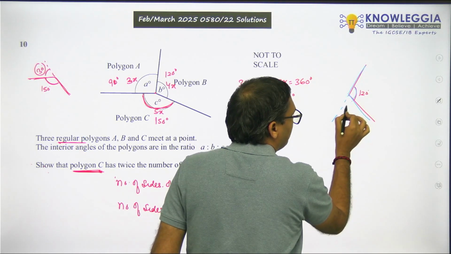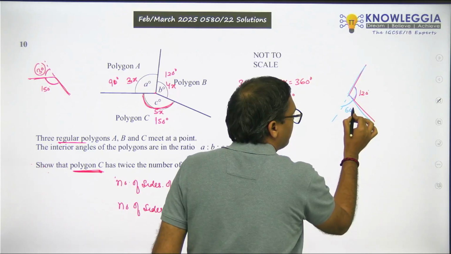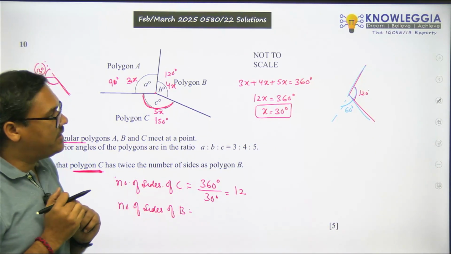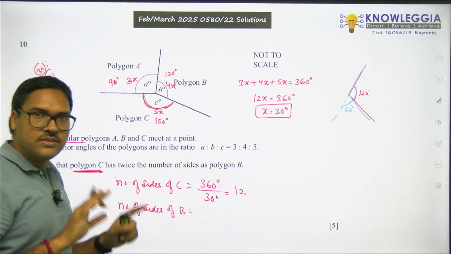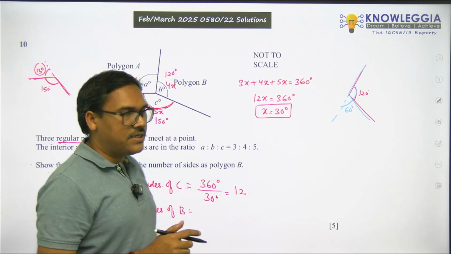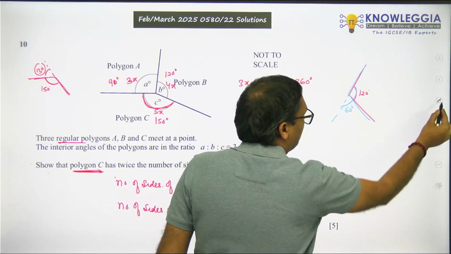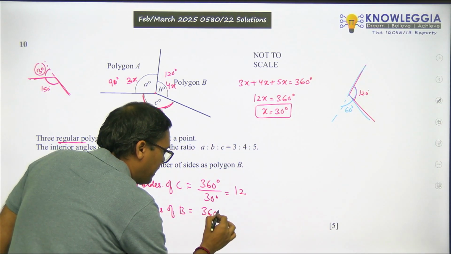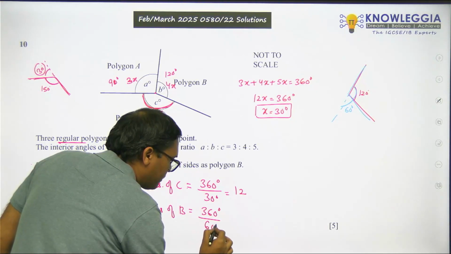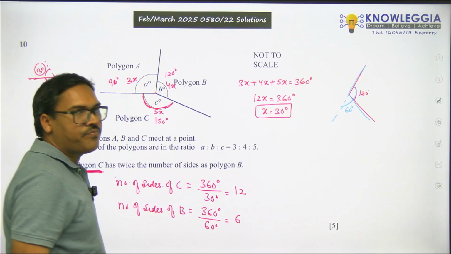So what is the exterior angle? You see this angle is 60 degrees because the total is 180 degrees. So the exterior angle of polygon B is 60 degrees. Now if this is 60 degrees, what is the measure of each angle? This is 360 degrees and each angle is 60 degrees. So this is 6. Correct?